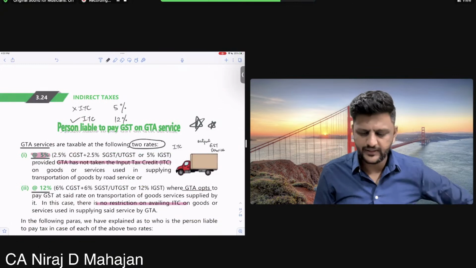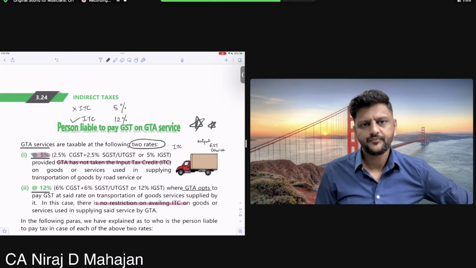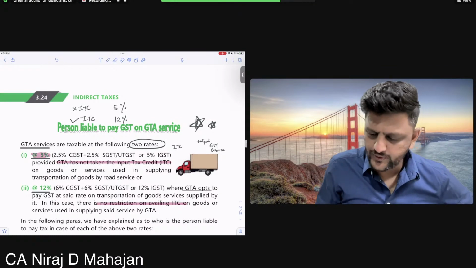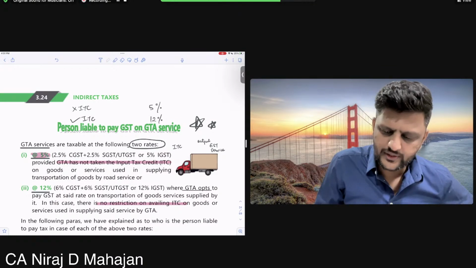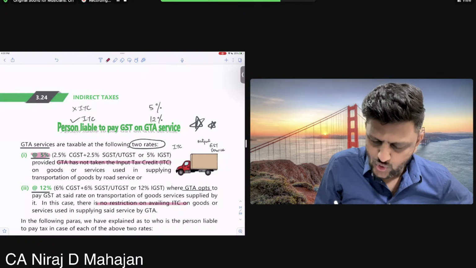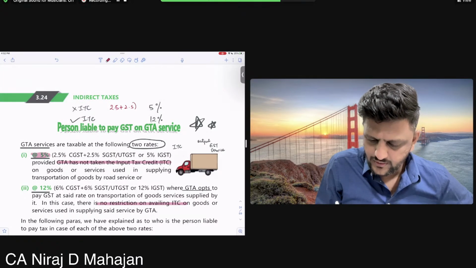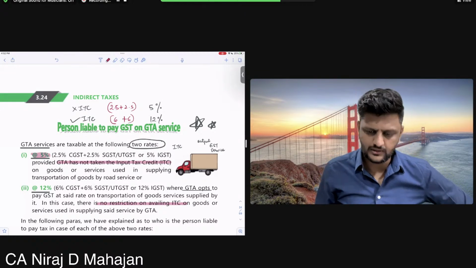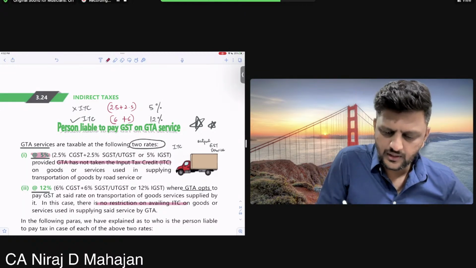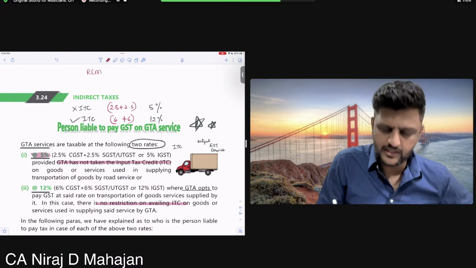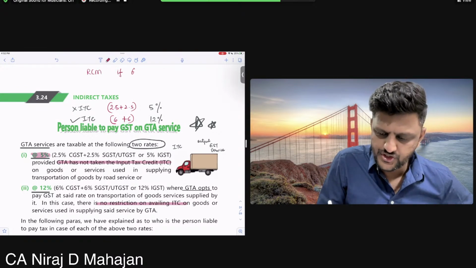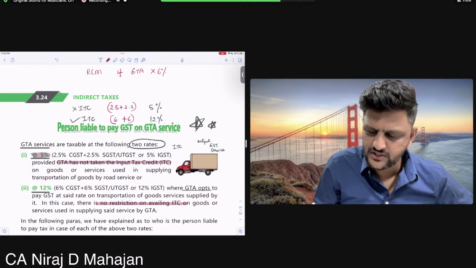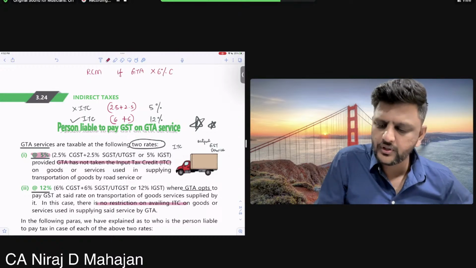Nitin beta, tax rate is how many? Let me just put it this way, otherwise we'll get a little bit confused again. This is 2.5 plus 2.5. Agreed. This is 6 plus 6. Agreed. RCM is applicable if GTA does not pay tax at the rate of 6%, whatever that CGST was written over there. This is no, okay.